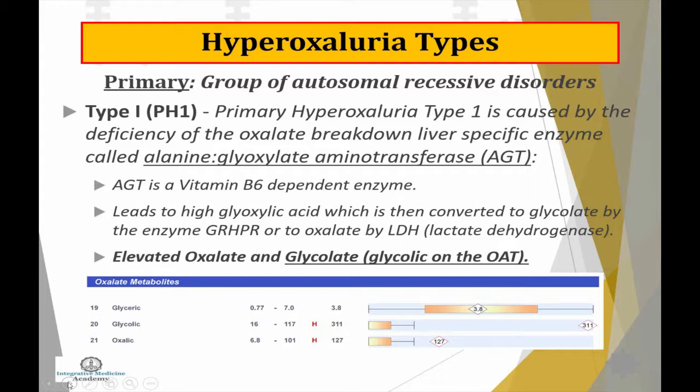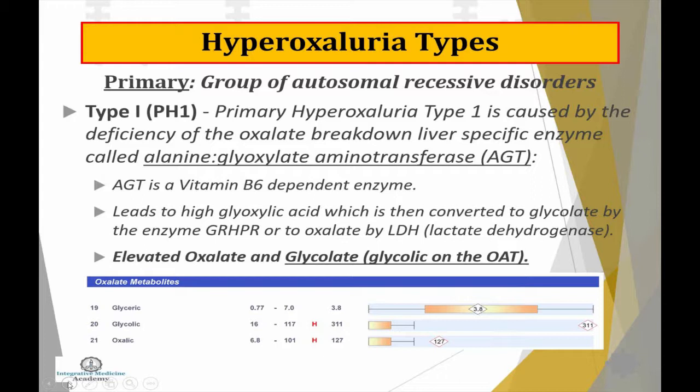Typically, what's seen is a high oxalate value, or I should say oxalic acid or oxalic on the OAT test, but oxalate and oxalic are just a different chemical conversion of the same compound. And you will also see an elevated glycolic on the OAT.